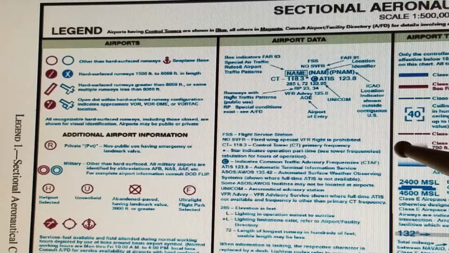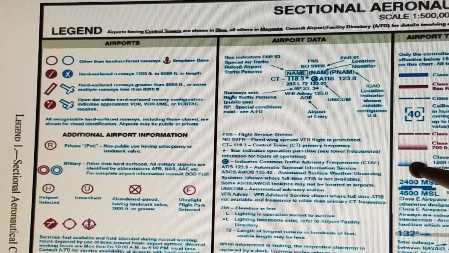The segmented magenta line is class E airspace to surface, the faded magenta is class E airspace with a floor of 700 feet, and the faded blue is class E airspace with a floor of 1,200 feet.